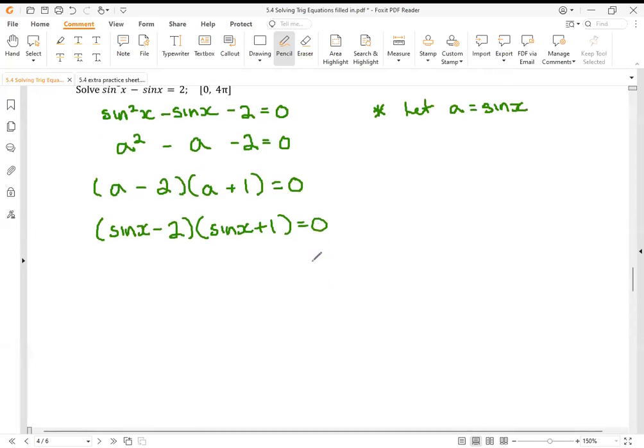And we're almost there. What does this imply? It implies that sine x must equal 2, or sine x must equal negative 1 for this to be true.